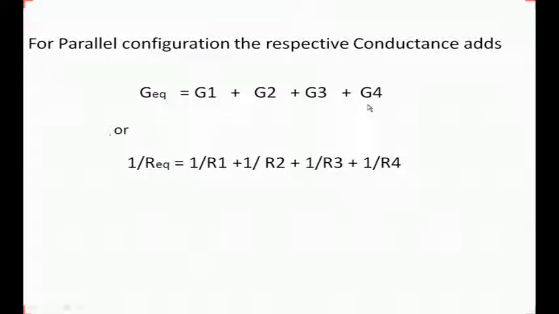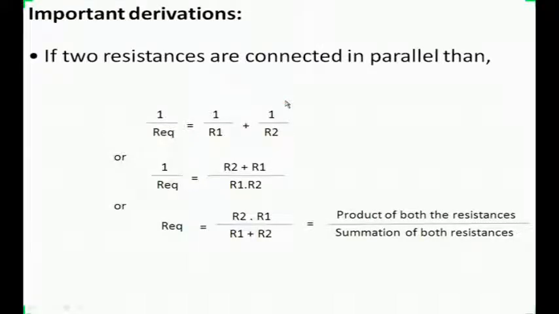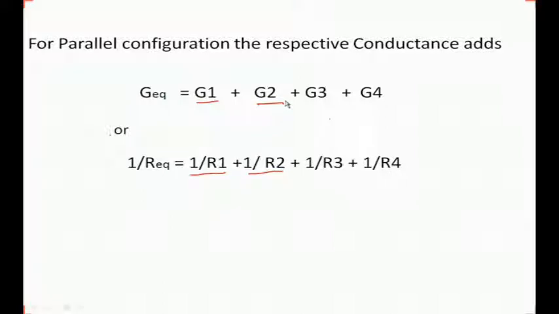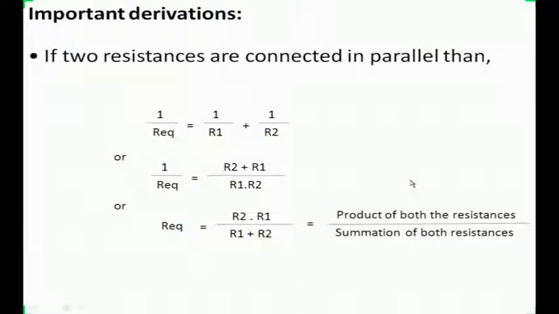In parallel configuration, equivalent conductance is the summation of all the conductances. 1 upon R equivalent is the conductance, and G1 is 1 upon R1, G2 is 1 upon R2. So with this equation we can find out the parallel configuration equivalent resistance.